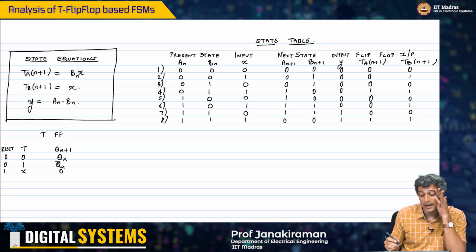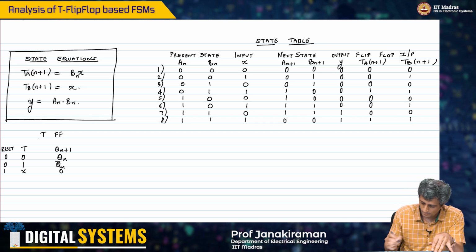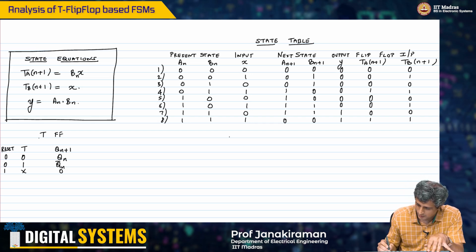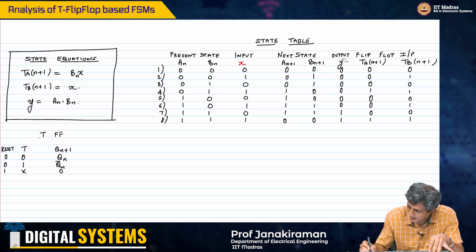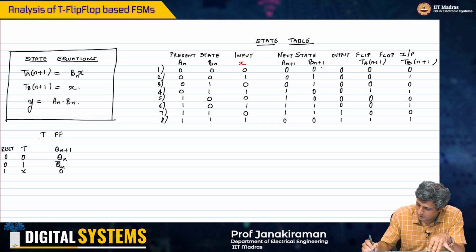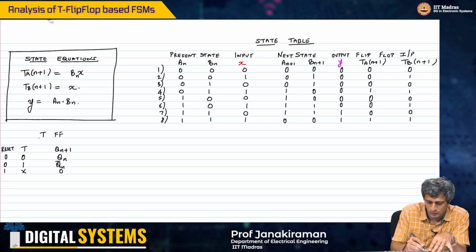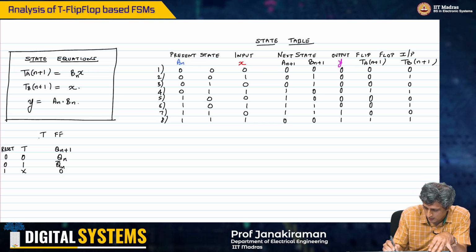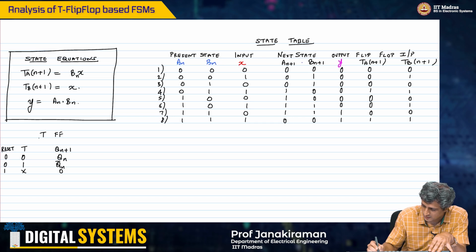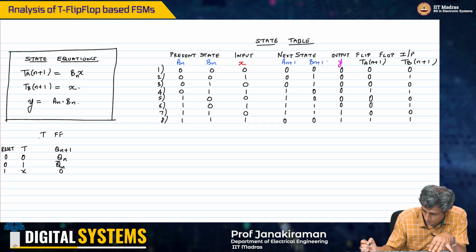Okay, and color coding, again very important. Y, An, Bn, An plus 1, Bn plus 1.